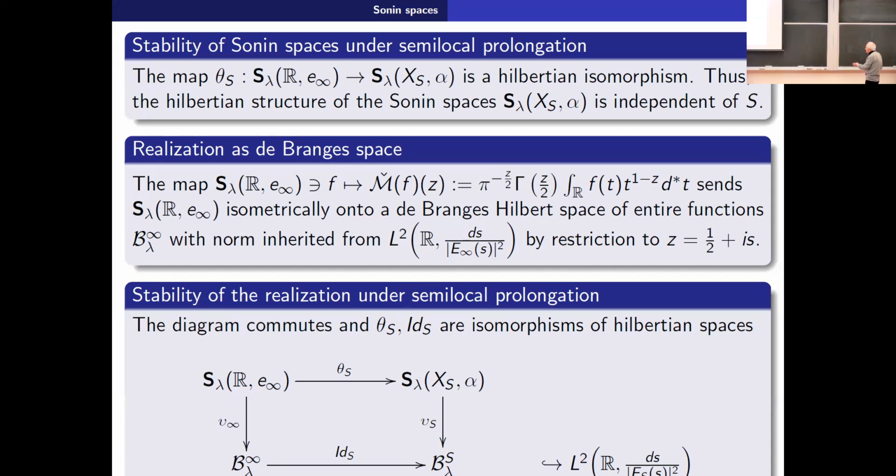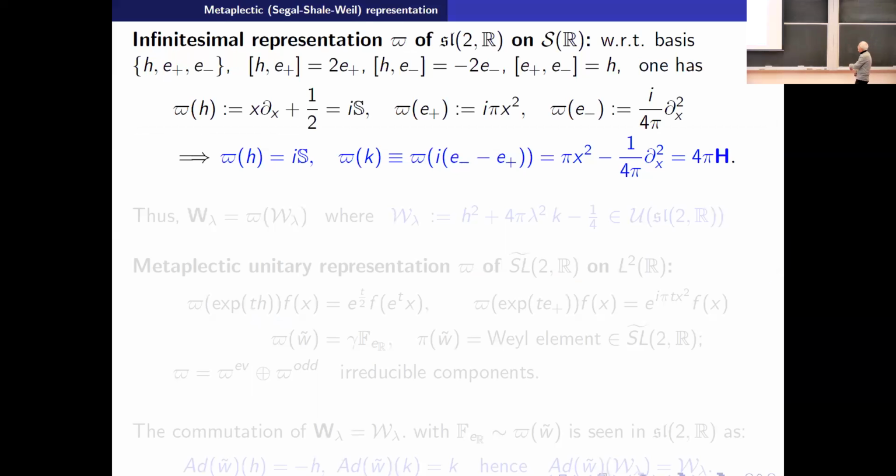So what changes are the metrics. Okay, and they are all inside this lower part of the diagram. These spaces are subspaces of this, if you restrict to that vertical line.